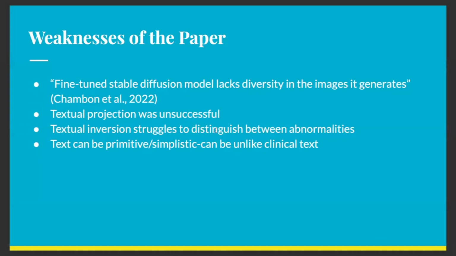And also they found that it was difficult to distinguish between abnormalities in this textual inversion or projection experiment. And lastly, the text used in the experiment was perhaps simplistic and unlike clinical text, and may not capture all the information from the radiological report.